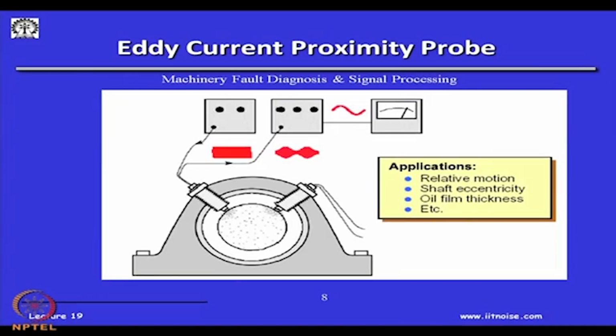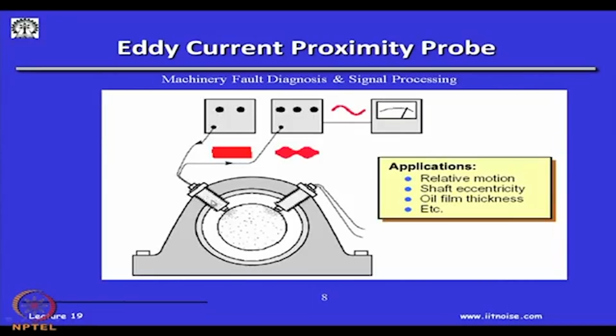Now, before I continue more on the accelerometers, I just want to mention a couple of important probes which you also use, and this is essentially an eddy current proximity probe, which is a non-contacting probe. Basically, what happens, we have a probe here onto which we apply a very high frequency signal, about a few megahertz, and that is there in the primary.